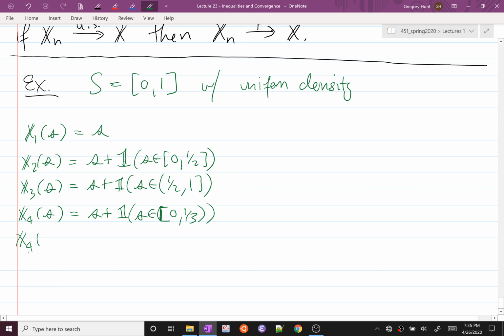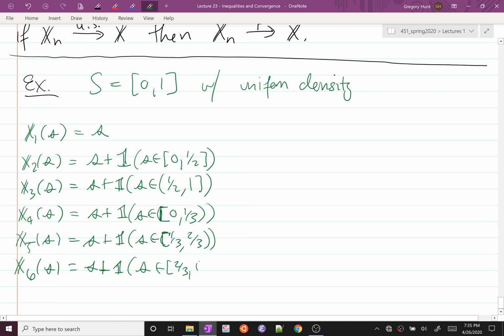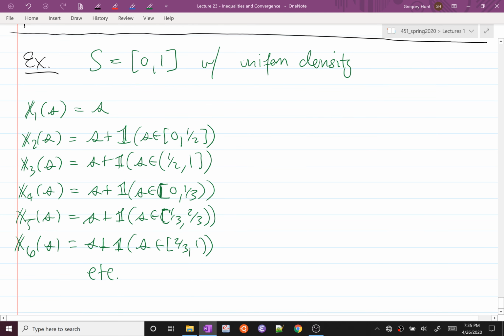x5 of s is s plus the indicator that s is in 1/3 to 2/3. x6 is s plus the indicator that s is in 2/3 to 1, and so on. Next we break it into fourths, with four variables, each s plus the indicator of one of those chunks, and so forth.